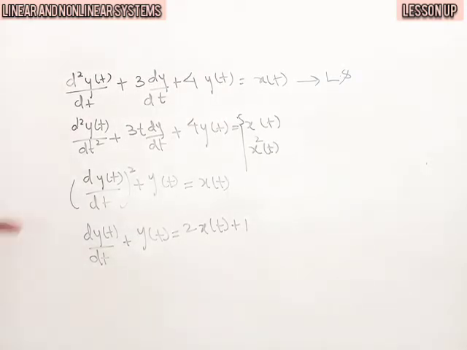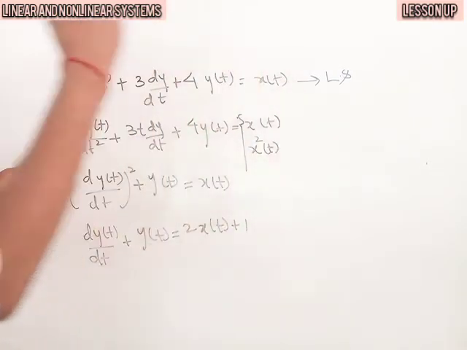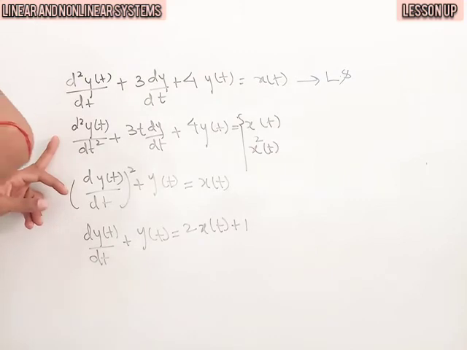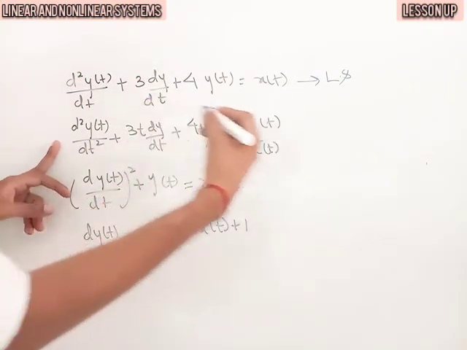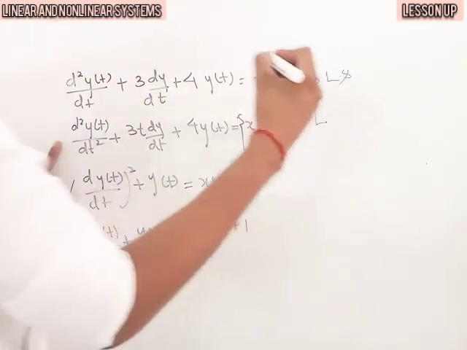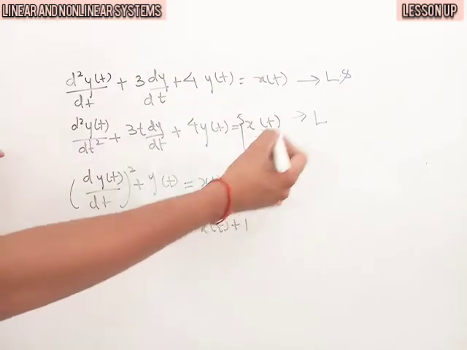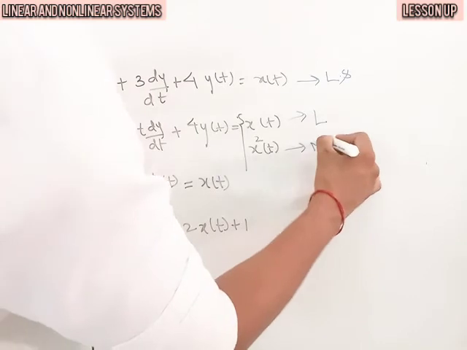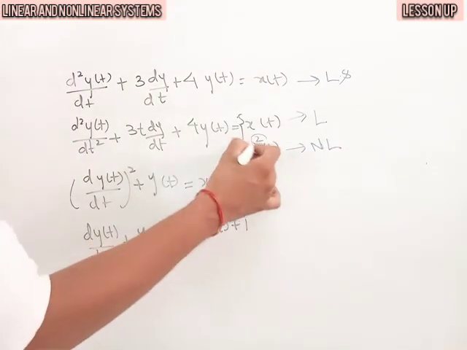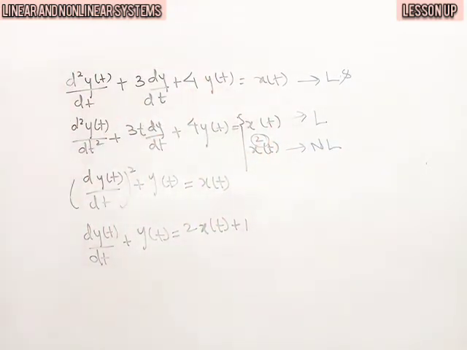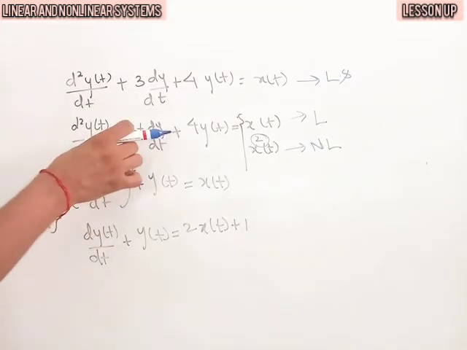If this is x of t, this will be linear, and if this is x square of t, this is non-linear because of the higher order term.